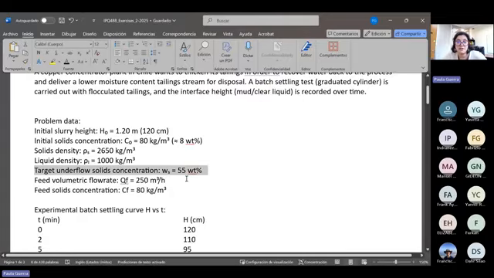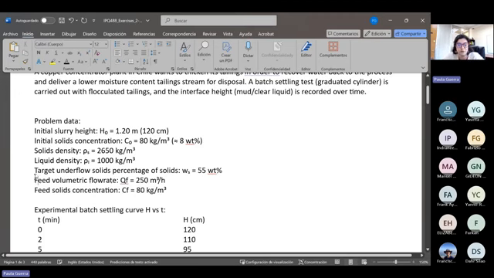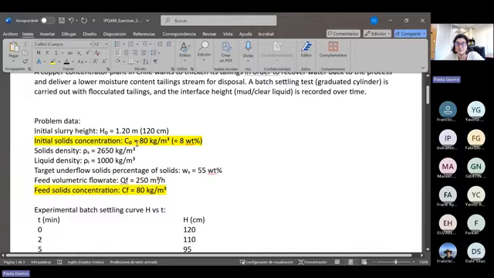This is the underflow solids concentration, the target underflow percentage of solids. Then the feed volumetric flow rate and the feed solids concentration, which equals the initial solids concentration of the settling system.